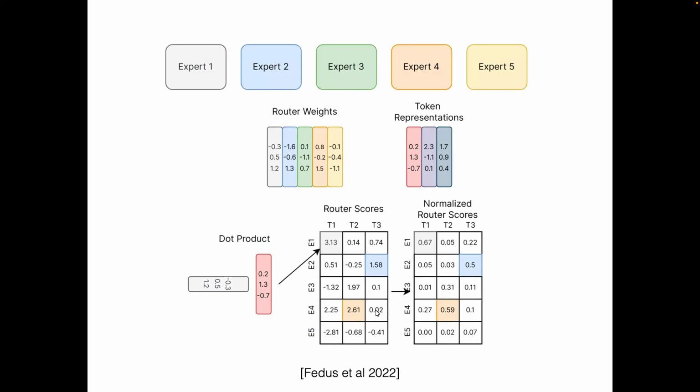Now, what you also want to do is somehow normalize these scores. So let's see how the normalization is done here. It looks like the columns are summing to 1, right? So this would correspond to the token choice. We're basically saying that for each token, you have this distribution over experts.